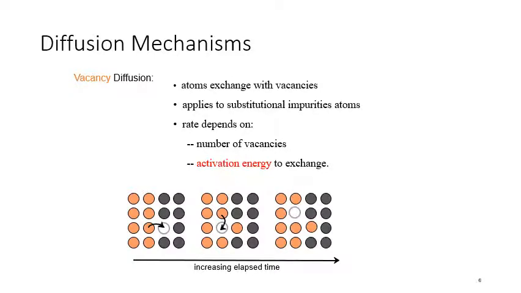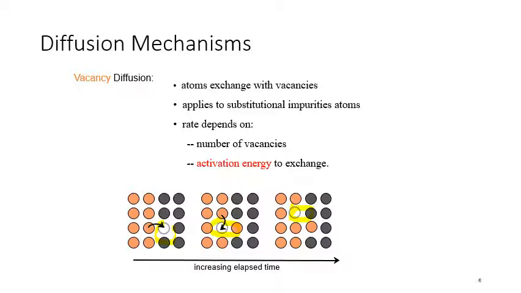The surrounding atom which has enough energy can migrate from its original place to the vacancy easily. So this is vacancy diffusion. The vacancy was here, it moved to here, then it moved to here.